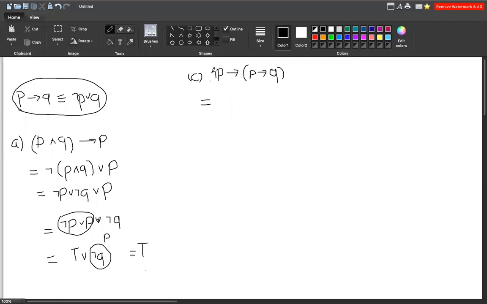Let's first resolve the implication. So implication P implies Q, let's put it down this way: negation of P or Q. Okay, so we have one more implication.